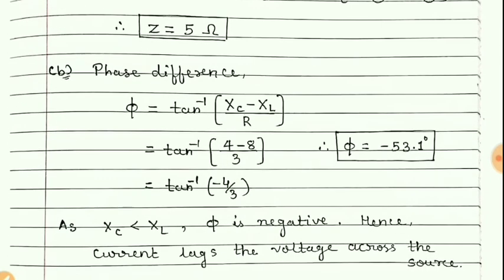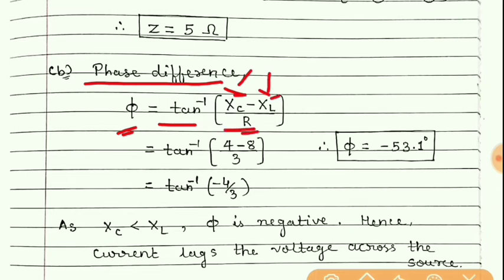Now the phase difference. Phase difference is given by φ is equal to tan inverse of (Xc minus XL) upon R. All these values are known to us. Just put those values and calculate.